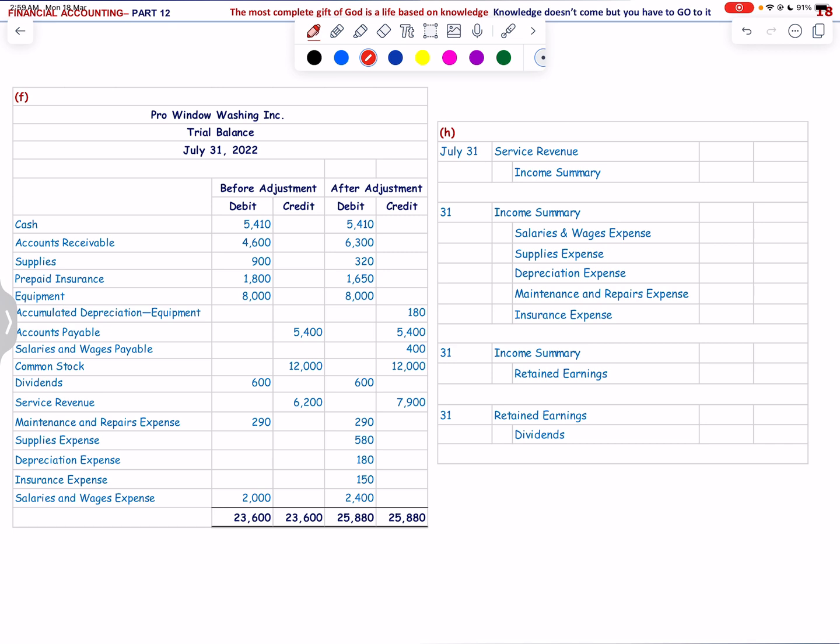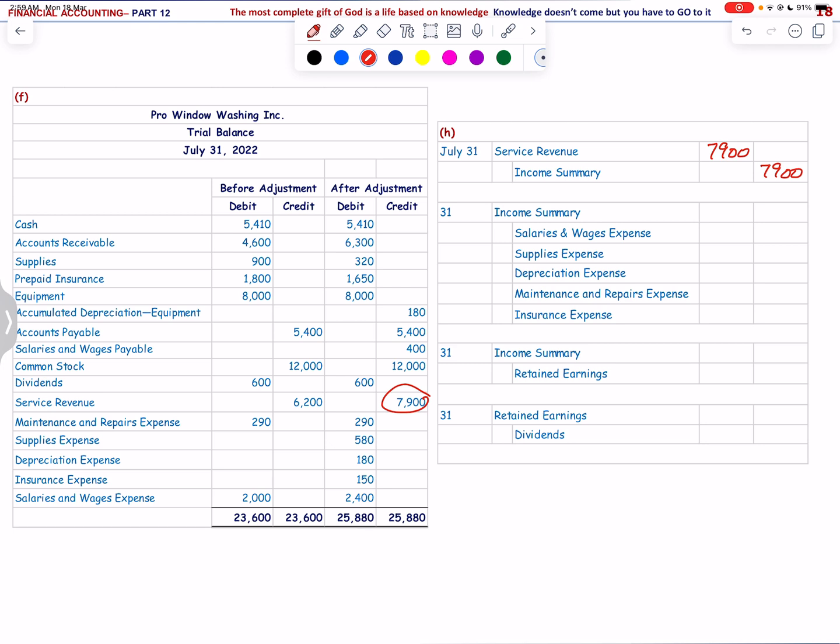Now, service revenue is 7,900. To close this, it has to be debited, and income summary will be credited. Then all the expenses are going to be credited. Now salaries and wages expense is 2400. It will be credited to close it.